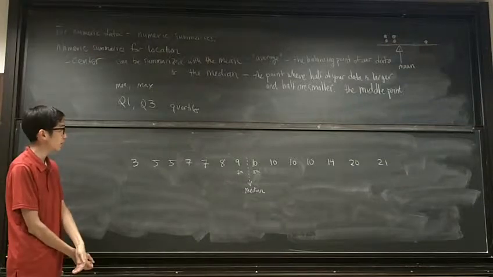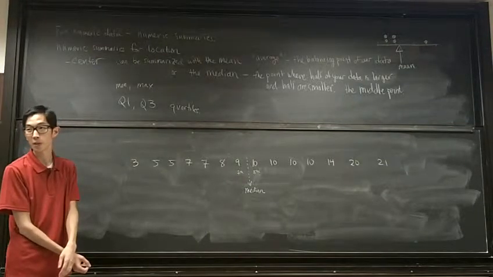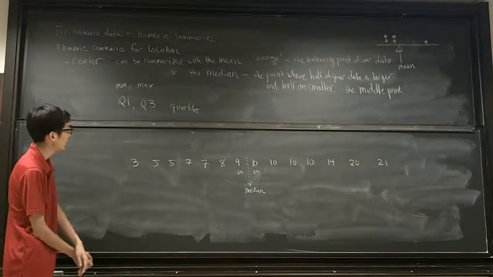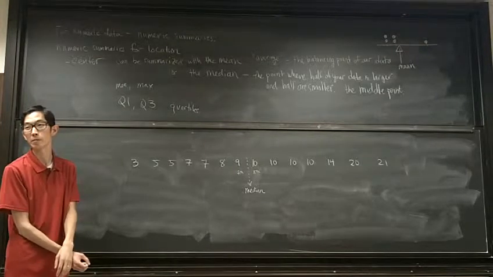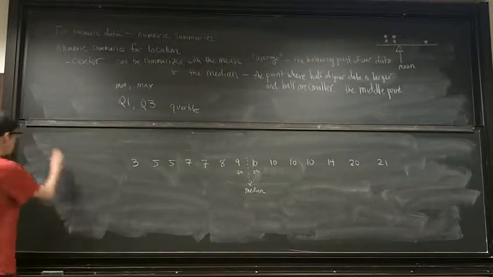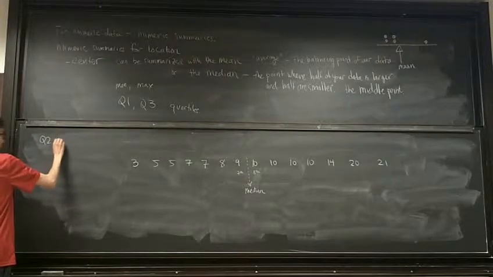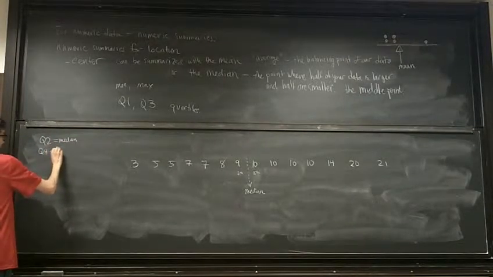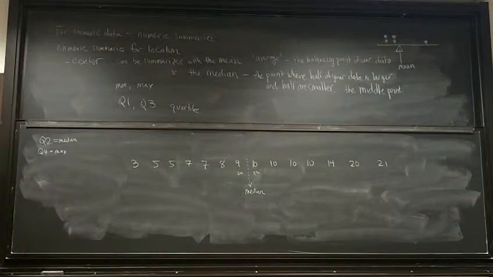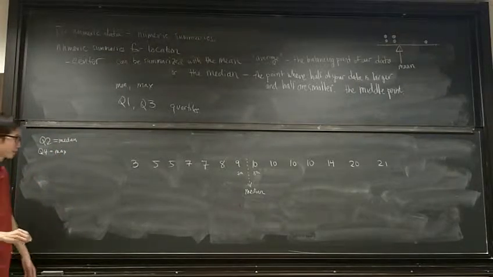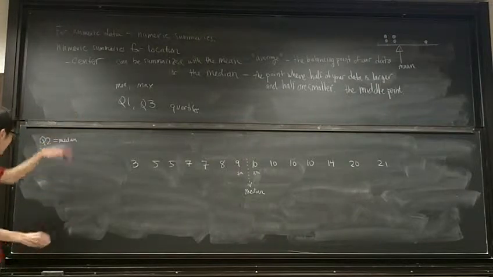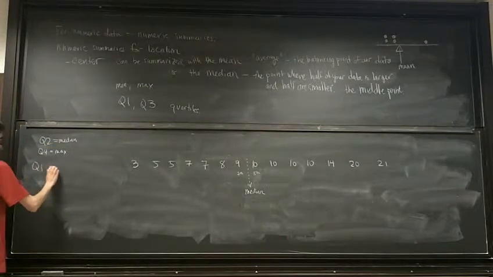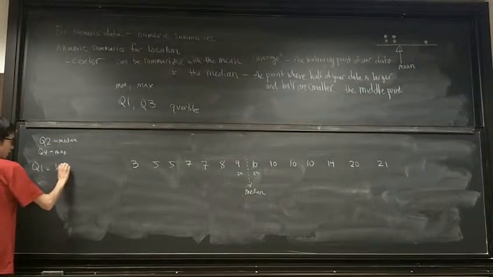What's another name for Q4? Max. The max. And what about Q2? The median. Okay, yeah. So Q2 is equal to the median, and Q4 is the max. I guess you could have Q0, but I've never heard anyone call it that. Okay, and Q1 is where 1/4 is smaller.